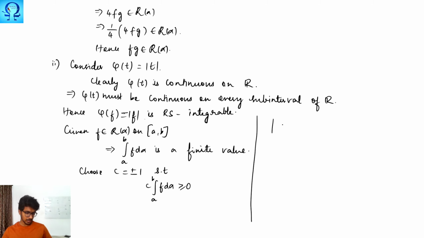Now integral A to B f d alpha. So this is going to be equal to C times integral A to B f d alpha. Am I right? So whatever may be the value of this quantity. Okay, here if needed, let us have this integral A to B f d alpha to be some quantity z, right? If it is so, I don't know whether this is plus or minus.